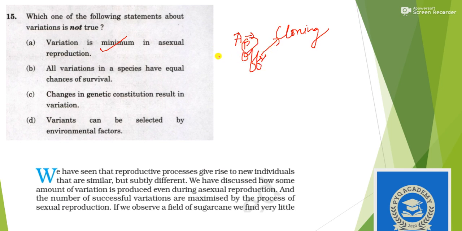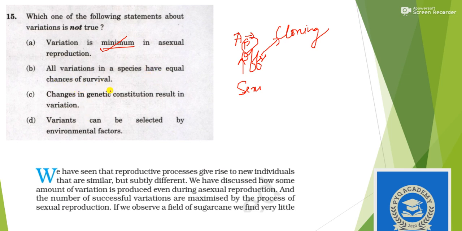Okay, so there is a minimum variation. That's why sexual reproduction is favored over asexual reproduction. And all variation in a species have equal chances of survival.